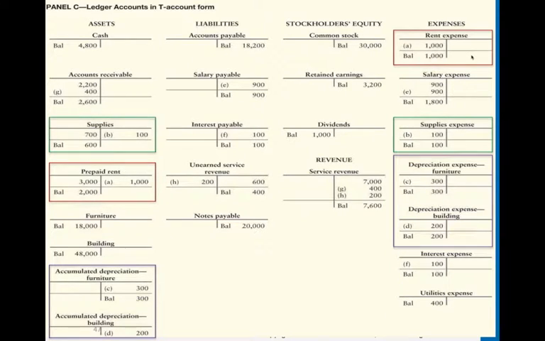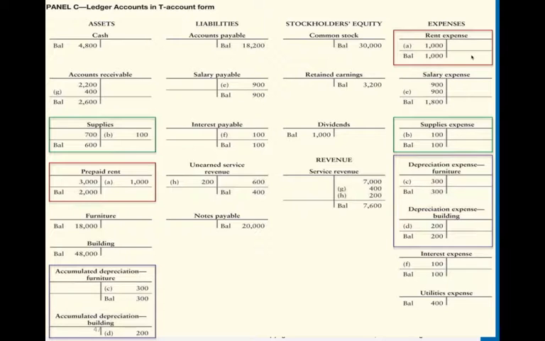All right, next we have C and D. So what is C and D representing there? Depreciation, and specifically this relates to the furniture and building that we purchased earlier. We have furniture, historical cost, we purchased about $18,000. There's a building that's worth $48,000. Remember, those two amounts will stay there representing the original cost.